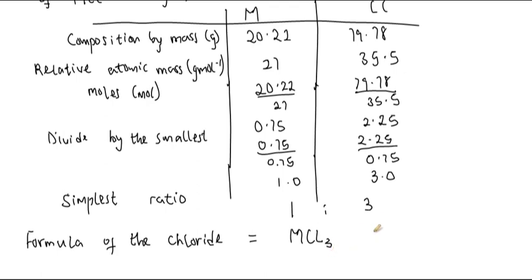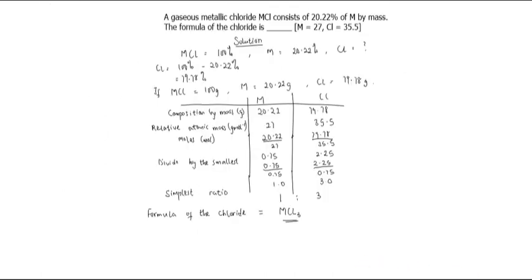This 3 is gotten from our value here, that is the simplest ratio in which they are combining. So it is taken to be the number of atoms of chlorine present in the compound, which should then be the final answer. We've come to the end of the solution to the question, and we've gotten the formula of the chloride to be MCl3.